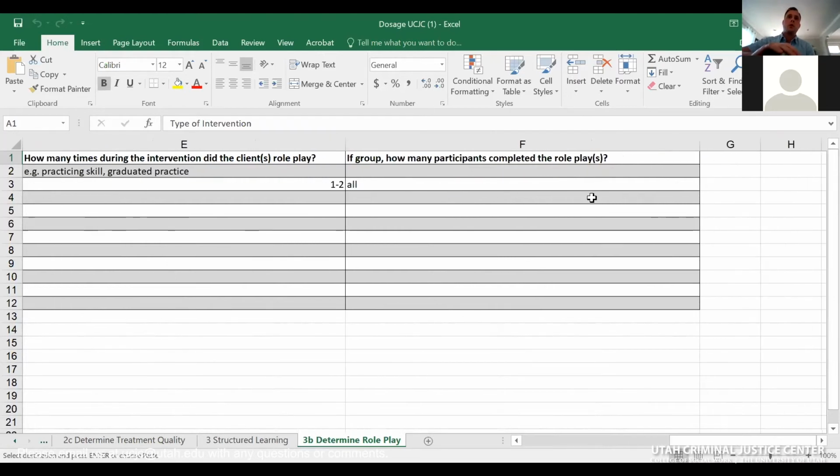And then starting to think about, if the intervention is designed to have 1 to 2 role plays per session, how many of the participants actually completed the role play? So it's starting to drill down a bit more on program level specifics related to treatment that have important implications for treatment services and their success in reducing recidivism.